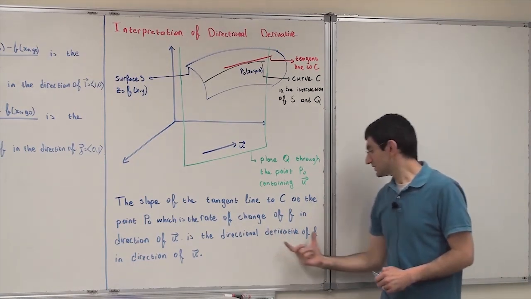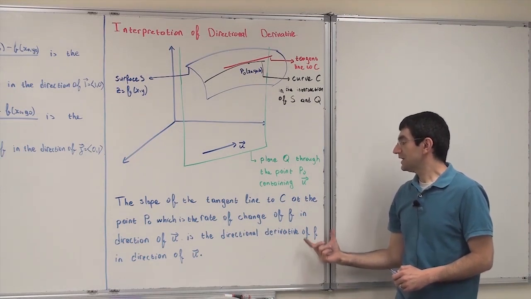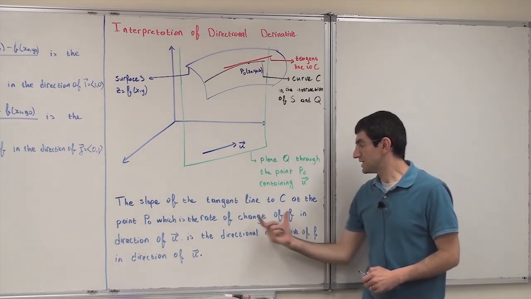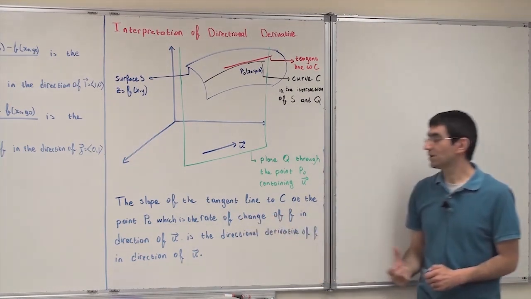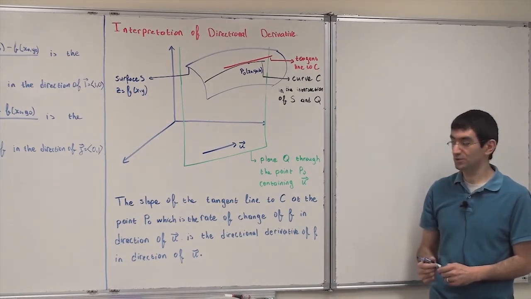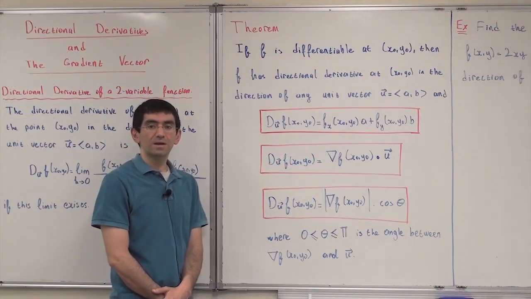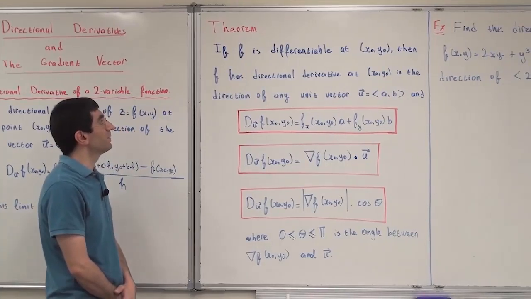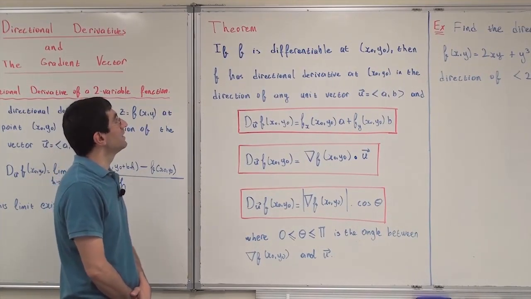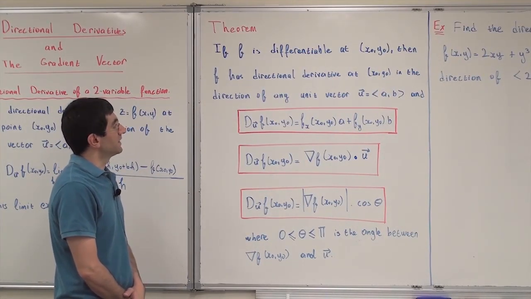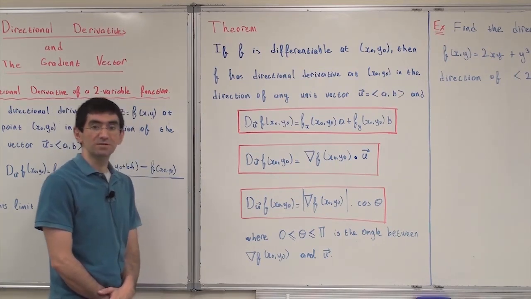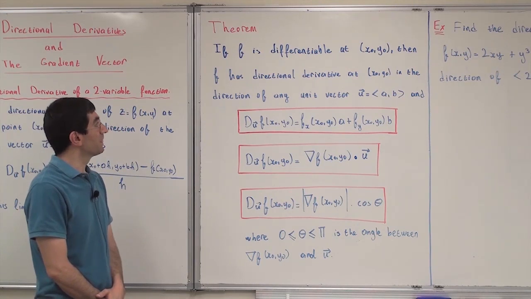So, the directional derivative of f in direction of u is in fact the rate of change of f in direction of u. Now, let's talk about a theorem which will tell us when f has a directional derivative and how to calculate it in terms of the gradient vector.